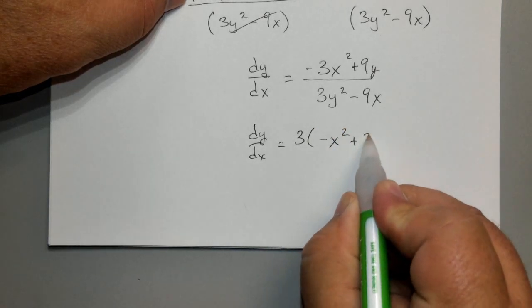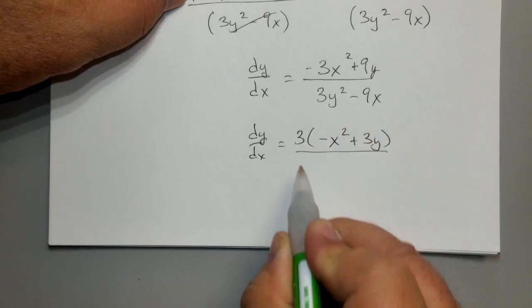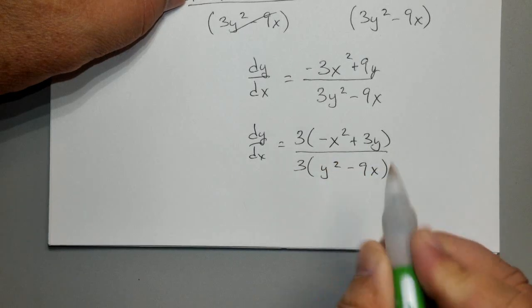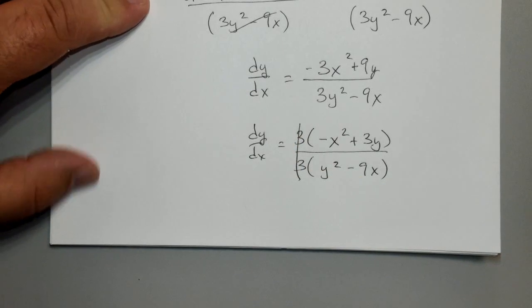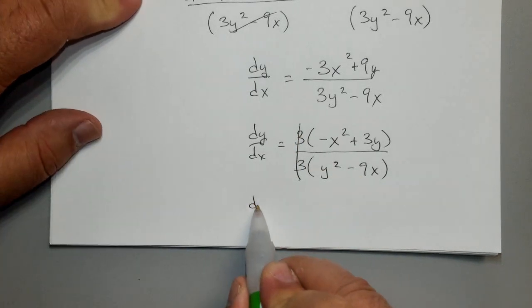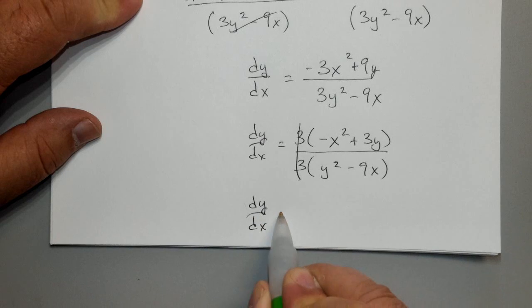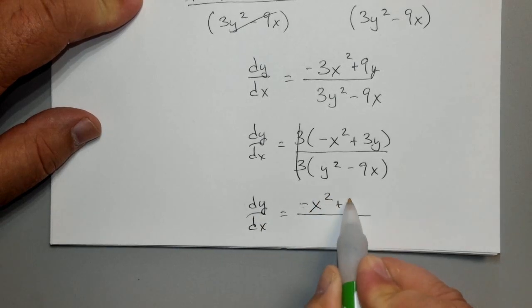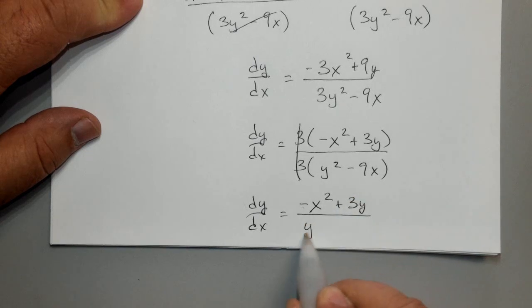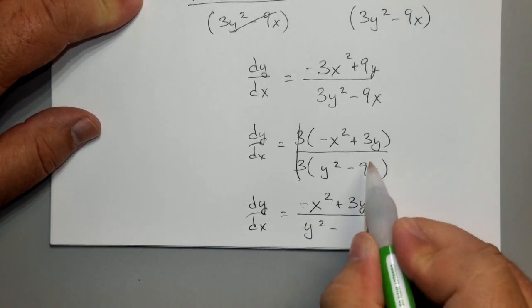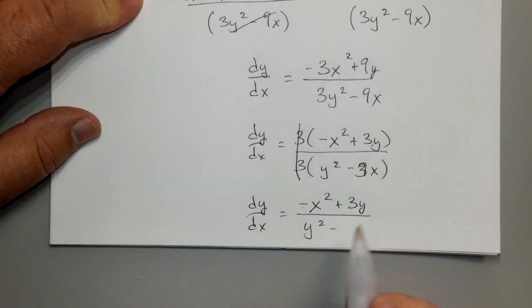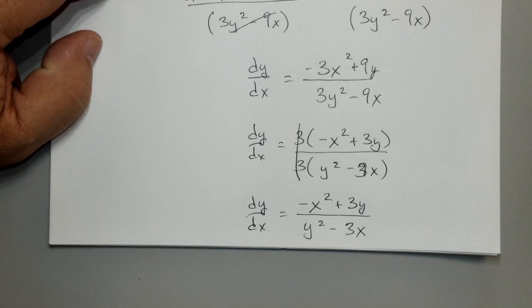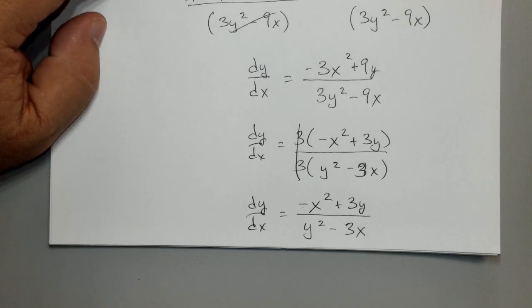Negative x squared plus 3y over y squared minus 3x. The 3's cancel. So our derivative, that's our derivative.